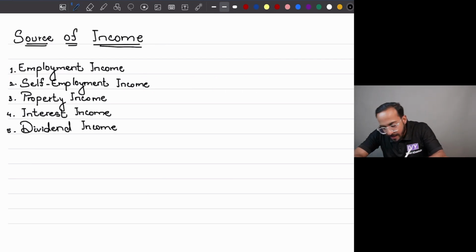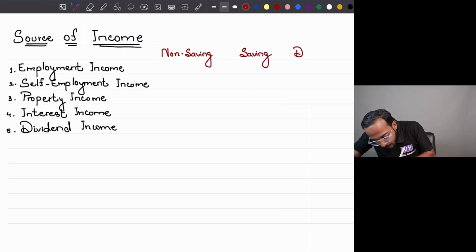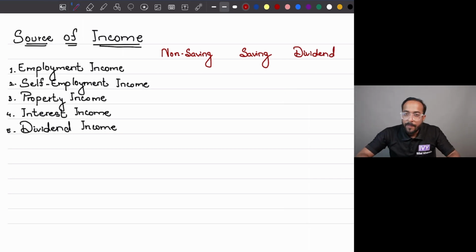Now I'm going to write the heads of the income. There are 3 heads of income: non-saving, saving, and the dividend. You can also write other in place of dividend, but there is no difference writing dividend or other income. You can write anything you want, right?